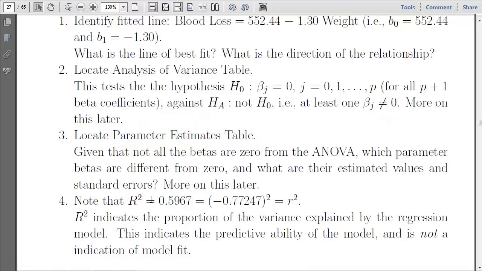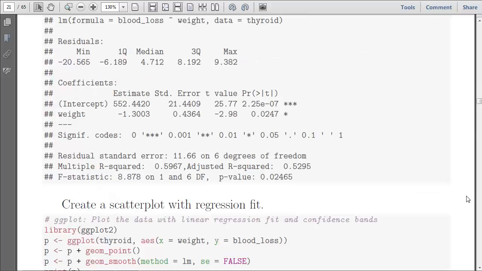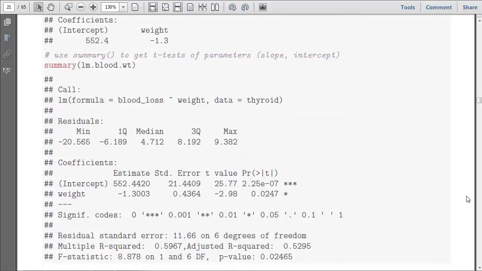All right, number 4, the R-squared value. So I'm going to page up to the summary and interpret some of that information at the bottom. Here's our summary of our linear model fit, and down at the bottom we have a residual standard error. That's 11.66.